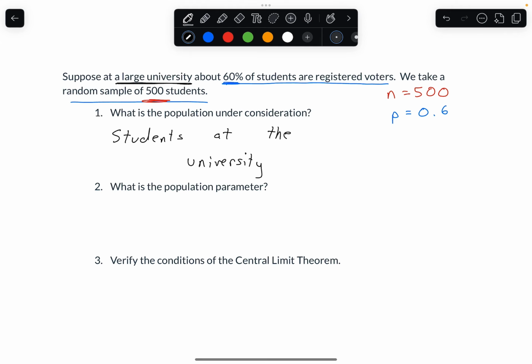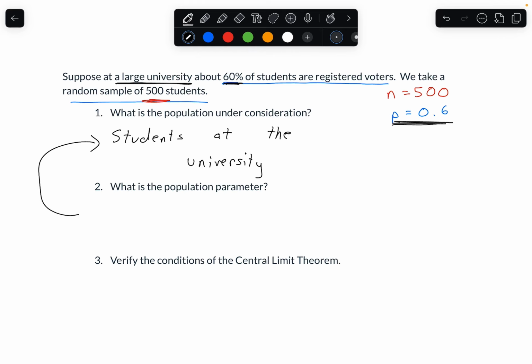Excellent. Number two says, what is the population parameter? So remember, the population parameter is a piece of information I want to talk about from the population. It describes the population in some way. So I'm looking at this number right here, P equals 0.6. This is going to be a descriptor about the students at my university.